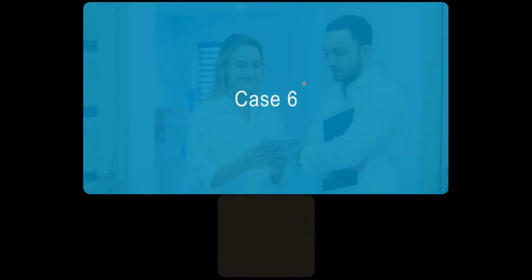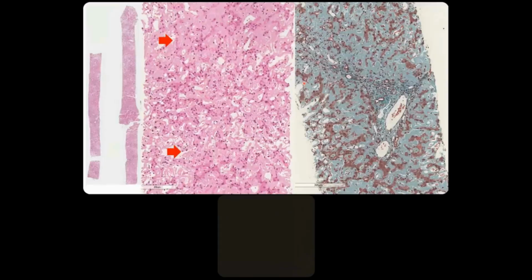Now, for the last few minutes, I'm just going to move on to the last pattern of injury that we described previously. So here is a patient, a middle-aged man who presented with a 2-week history of malaise and jaundice. He was previously healthy and active, and his lab results showed predominantly a cholestatic pattern of liver enzyme elevation, with otherwise normal platelets and INR, and negative viral and autoimmune serologies.